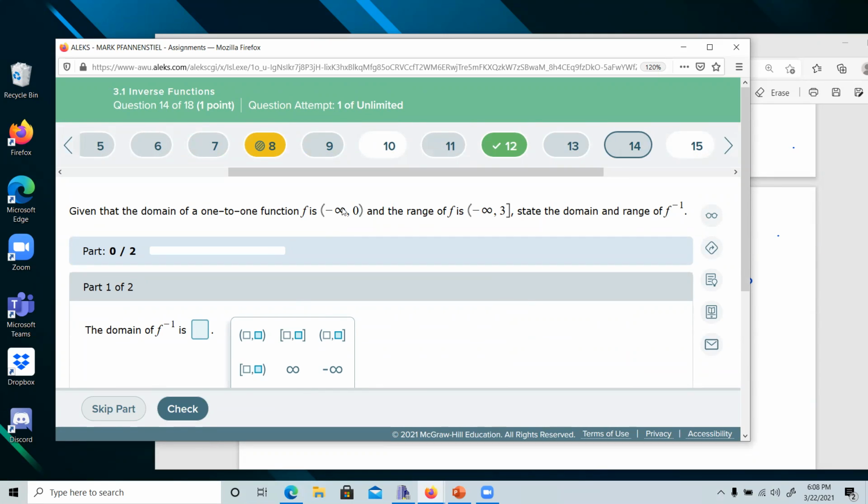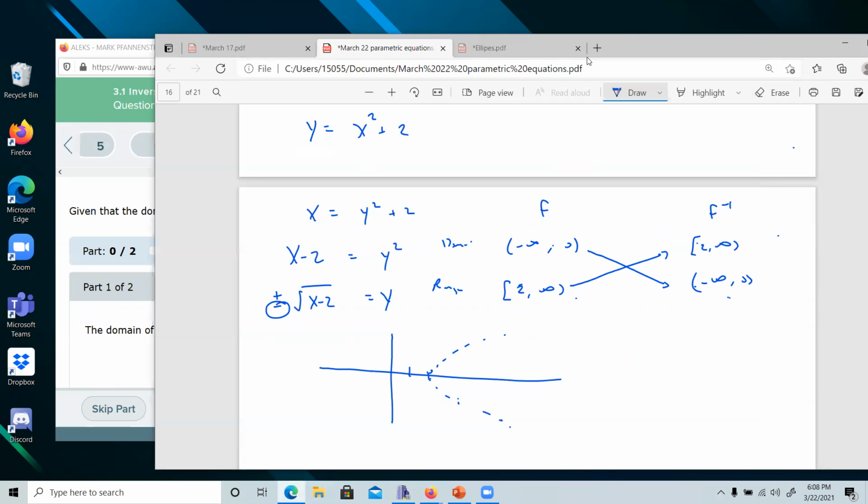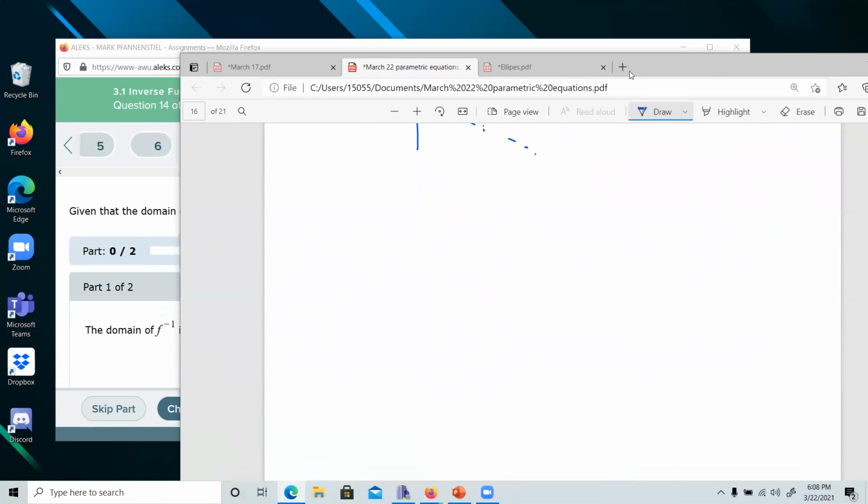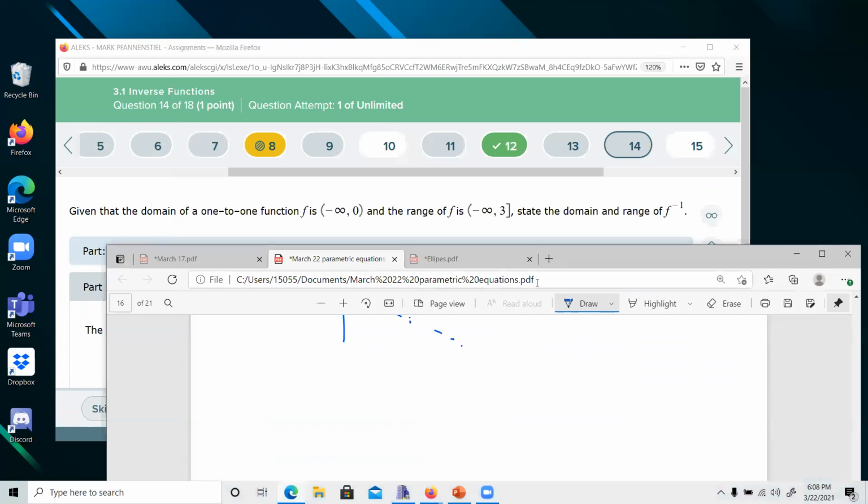Okay, given the domain and the range, state the domain and range of f inverse. We could do that one. It's the same idea, they just switch position. So we know that f's domain is negative infinity to 0, and the range is negative infinity to 3.